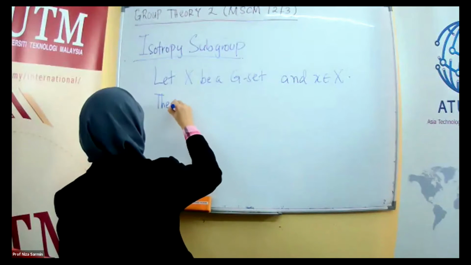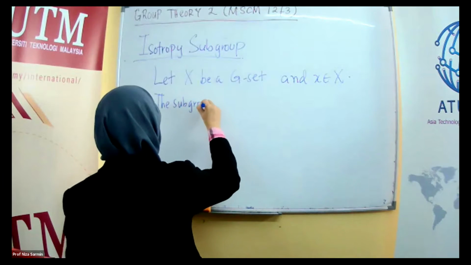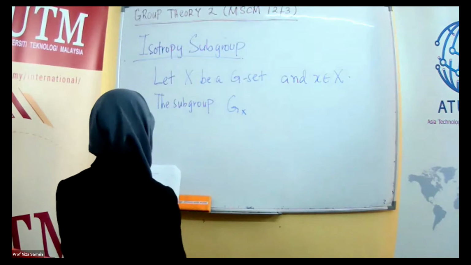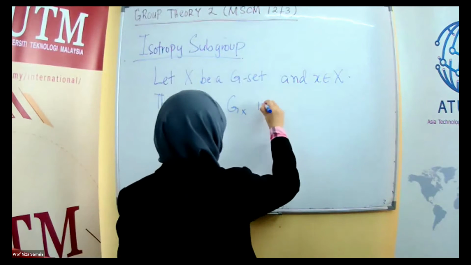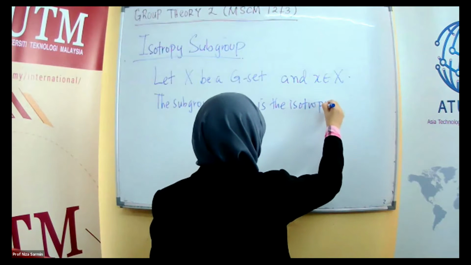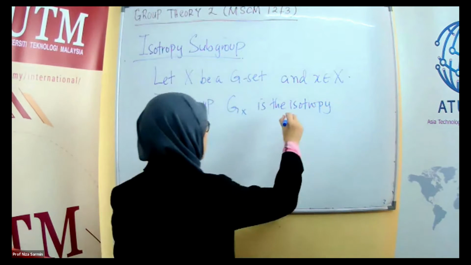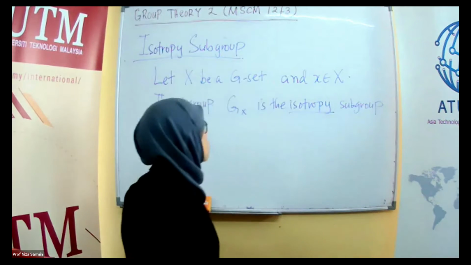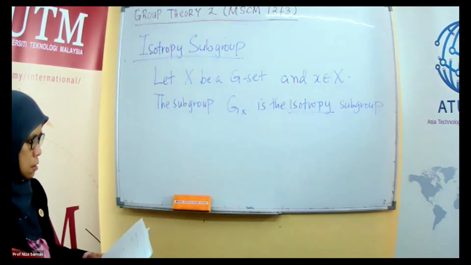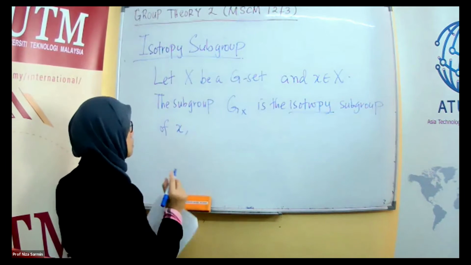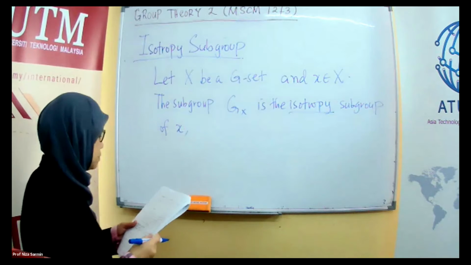The subgroup Gx is the isotropy subgroup of x.